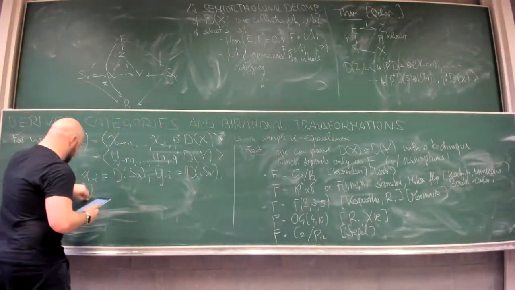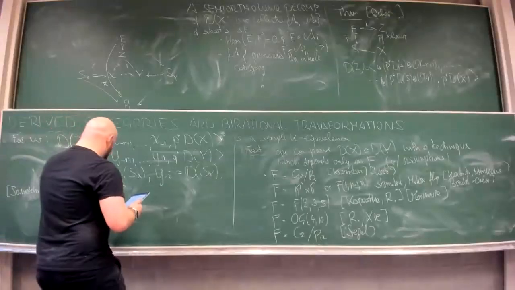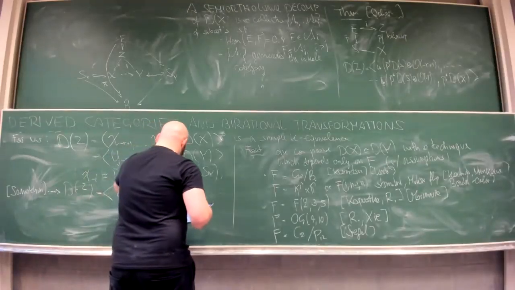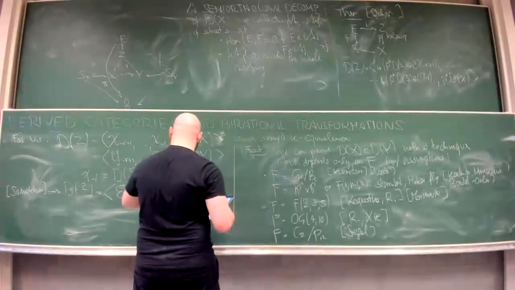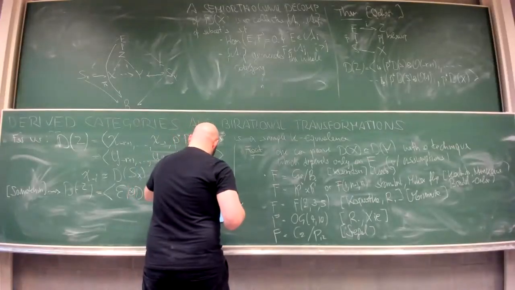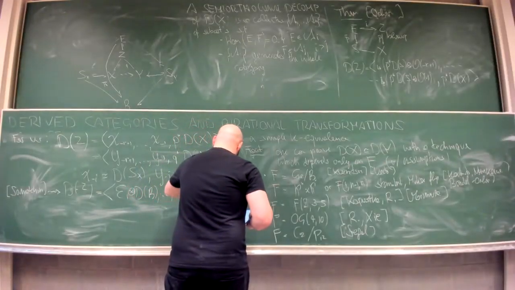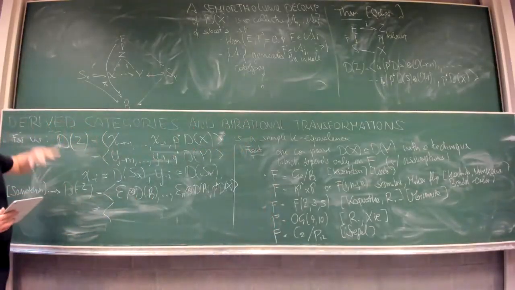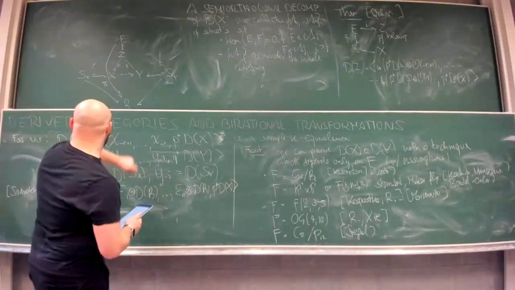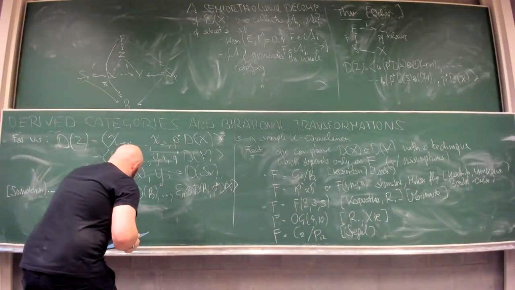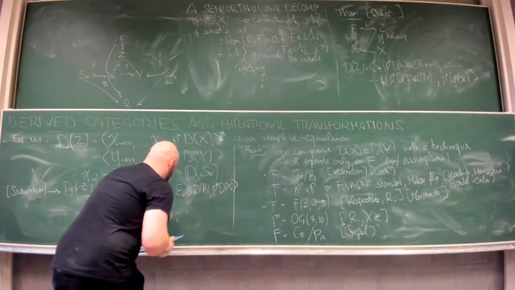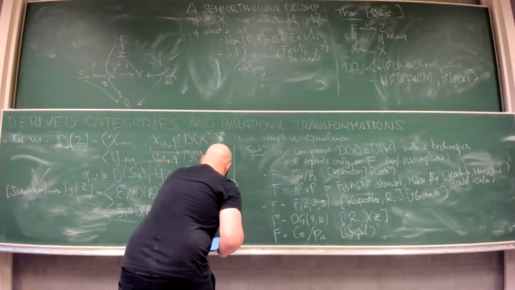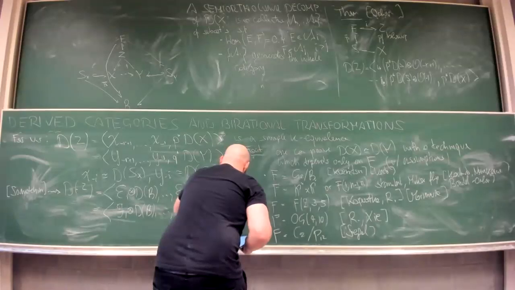We end up with D of Z given by E1 times the category of B up to E, say, N, for some N, times the category of B, and then the pullback of the category of X. And similarly, we have the same kind of expression with different objects, but the same number of objects from the other side. So F1 times D of B up to FN times D of B and Q pullback of D of Y.